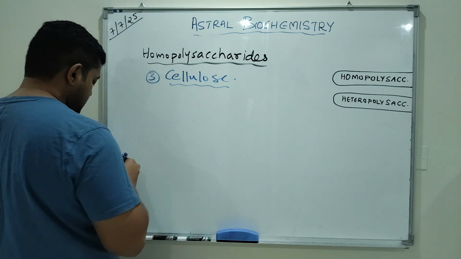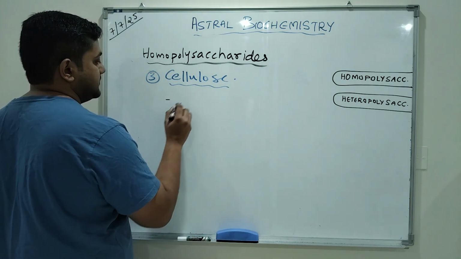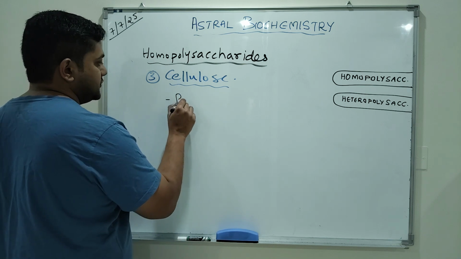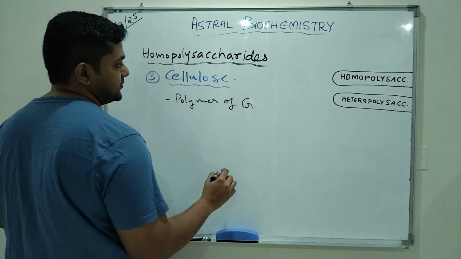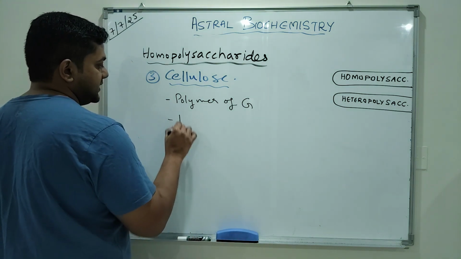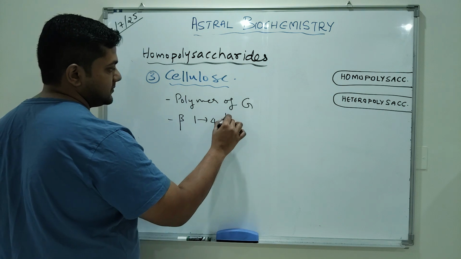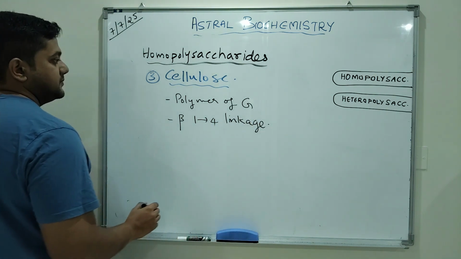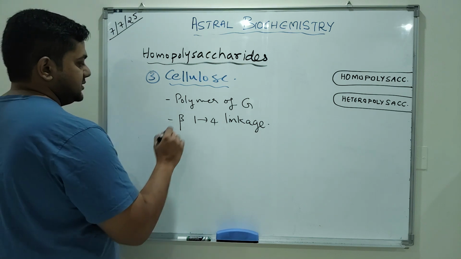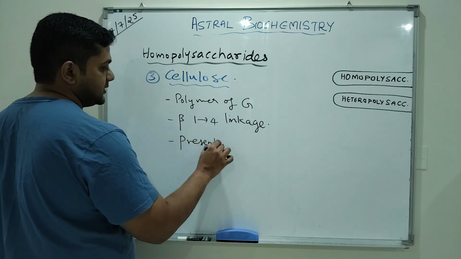Cellulose again is a polymer of glucose, but the linkages are beta 1,4 linkages. This is present mainly in plants.